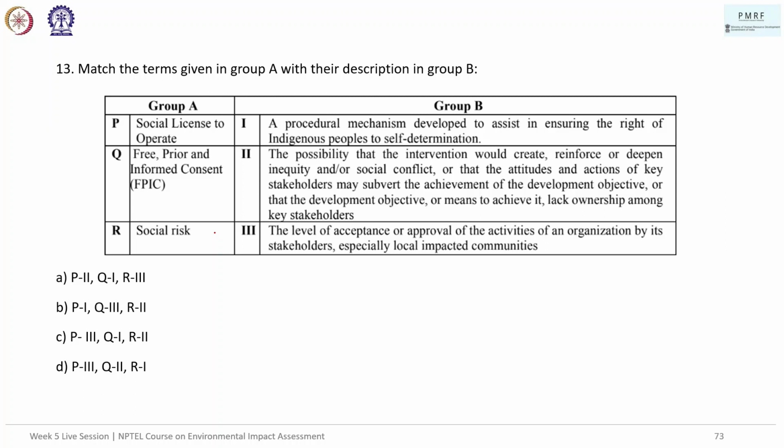Match the terms given in Group A with their description in Group B. The first one is social license to operate. It's P. Q is free, prior, and informed consent. And R is social risk. Any answers? You can also give me individual terms and their corresponding answers.